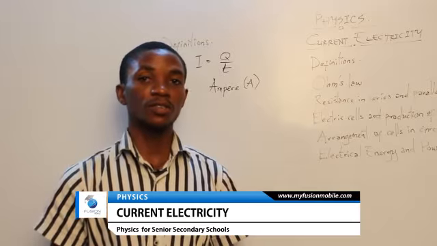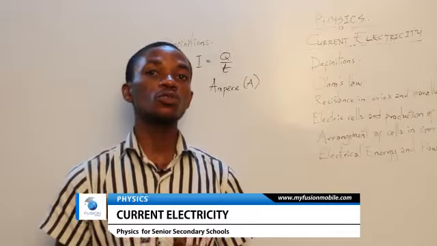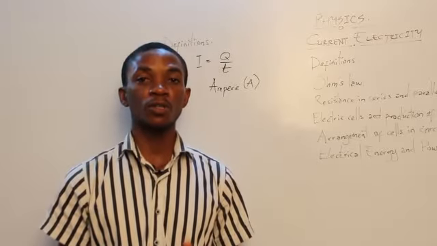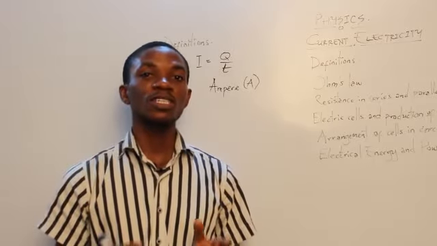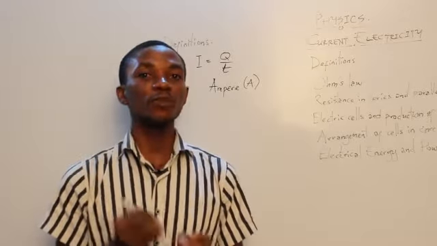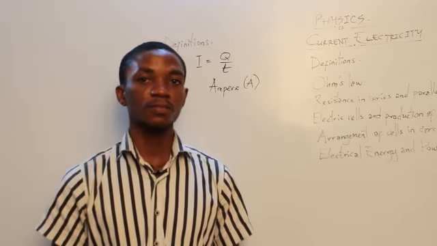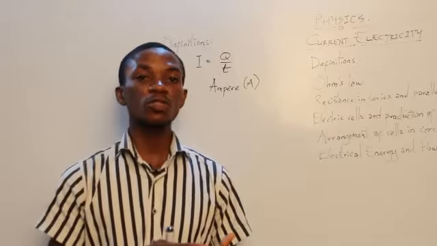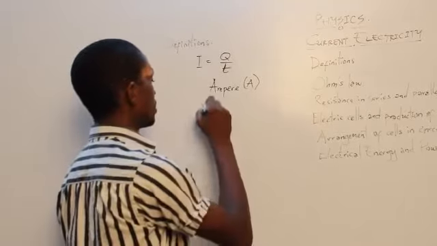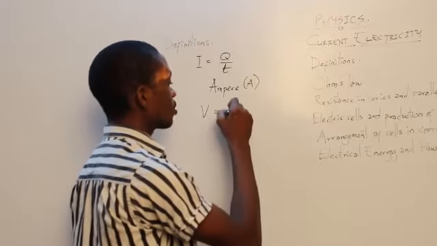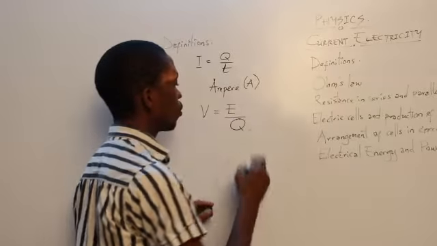Let's talk about potential difference. What is potential difference? When electricity flows through a particular conductor or body, the amount of work that is done compared to the charge flowing is what is described as potential difference. Potential difference is also called voltage or voltage drop. So potential difference, that's V, equals amount of energy as charge flows.